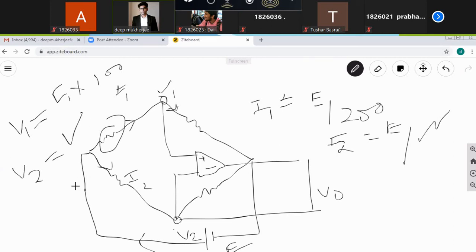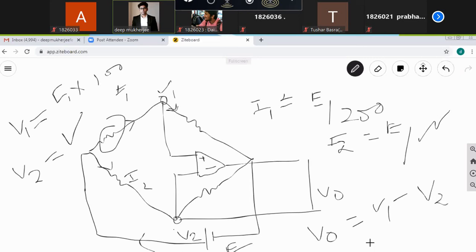Now actually we don't find the value of I1 and I2, because you have to calculate the value of the input voltage. That's why I have written this expression. I1 equals E by 200, and I2 equals E by this total resistance. So V0 equals V1 minus V2.